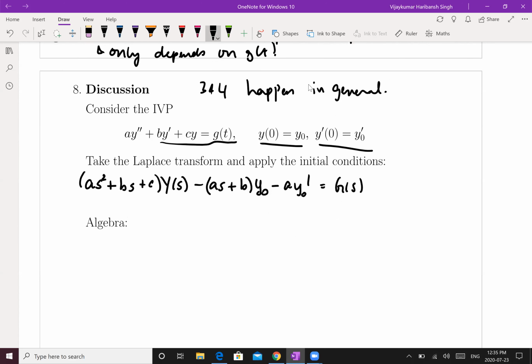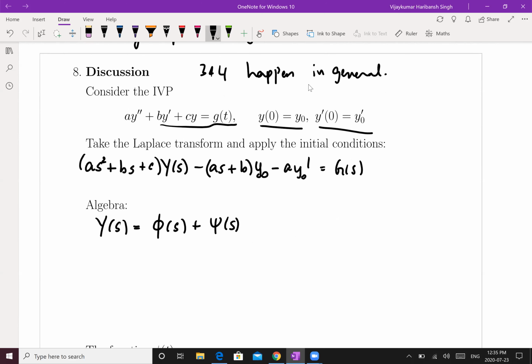Now we have that your Y of s can be split into two parts, phi of s plus psi of s. Where phi of s is the part corresponding to the homogeneous part, right? So this is going to be (a s plus b) y naught plus a y naught prime, over a s squared plus b s plus c.